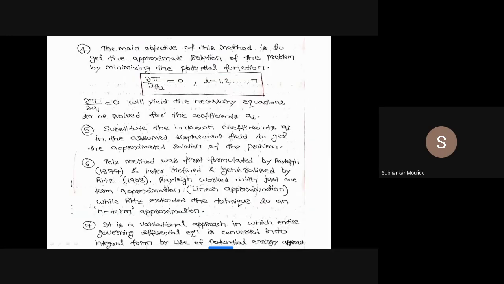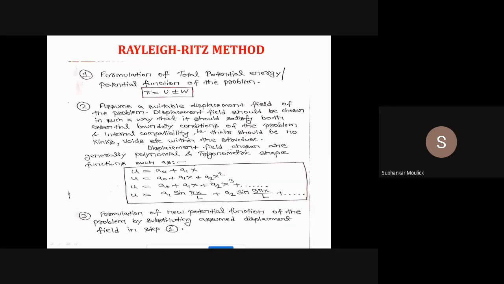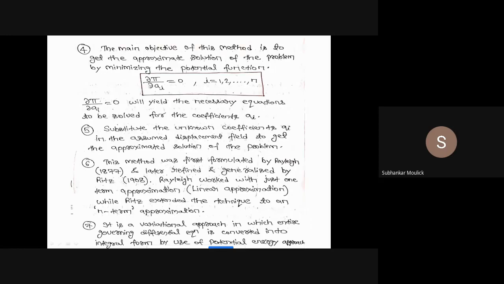First you partially differentiate your potential function by a1, del pi by del a1 equal to 0. You will get one equation in terms of a1 and a2. Similarly, second time, for the second unknown a2, you partially differentiate by a2, del pi by del a2 equal to 0. Again you will get one equation. So you have two equations and two unknowns, a1 and a2. You will solve those two equations and get the values of a1 and a2.